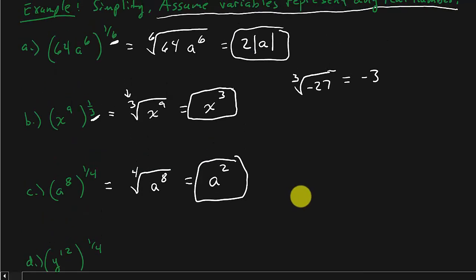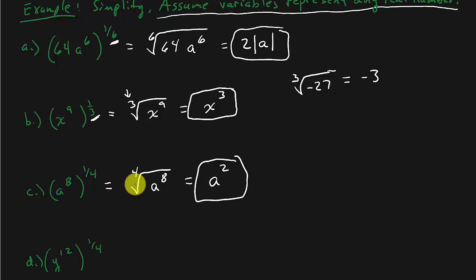The one thing I want to make sure you did not misunderstand is that I never said if the index is even that you have to use absolute value. I did not say that. What did I say? I said if the index is even, you have to make sure your answer is positive. That's all you've got to think of, okay?